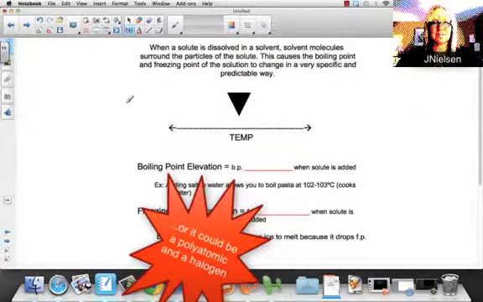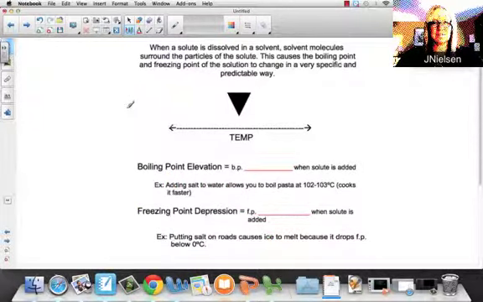When a solute is dissolved in a solvent, the solvent molecules surround the particles of the solute. We've already talked about this. We know what the attraction is with water and various ions in solution. When this happens, it causes the boiling and freezing point of the solution to change in a very specific, predictable way.